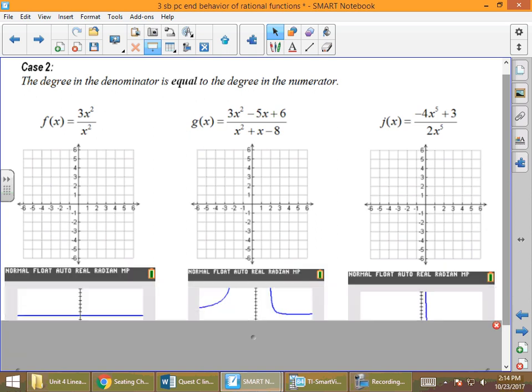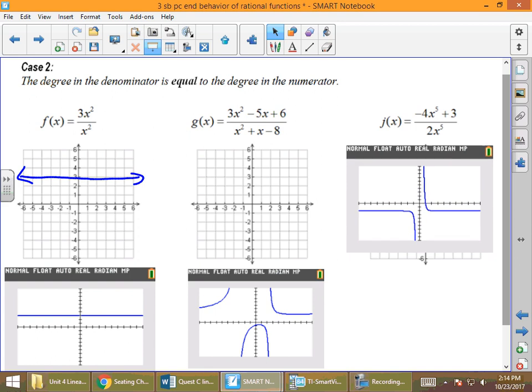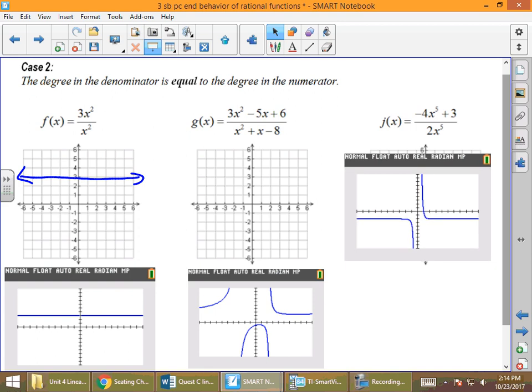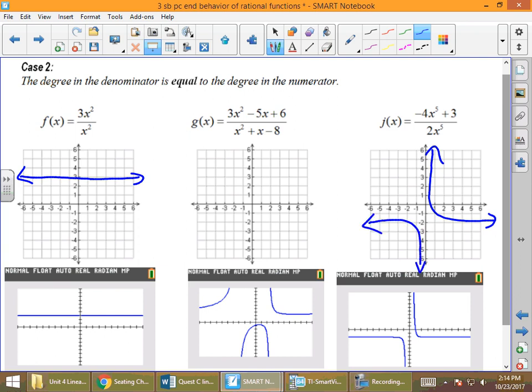Our first graph, what color is it? Oh, they're all blue this time. Our first graph looks like that. I'm going to jump over here to the last one for a moment. If we type that one in, it looks like this. Again, very rough sketches.